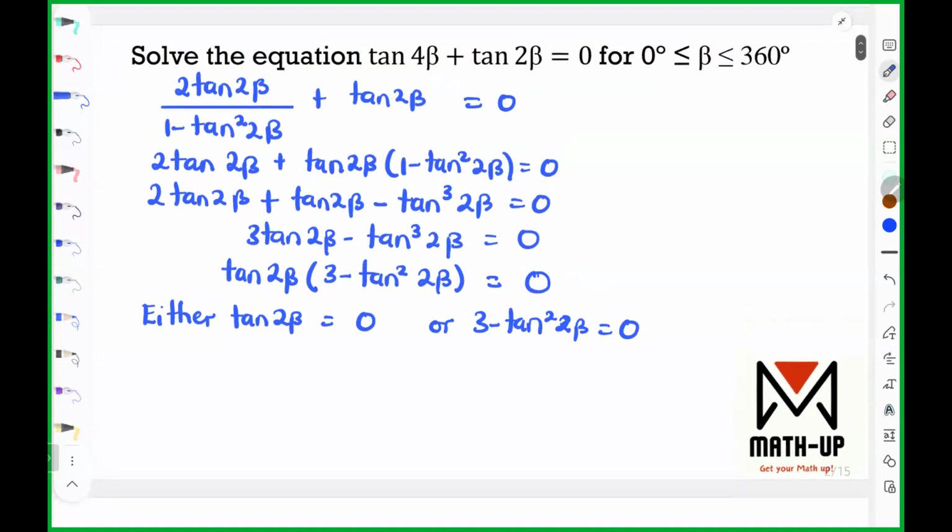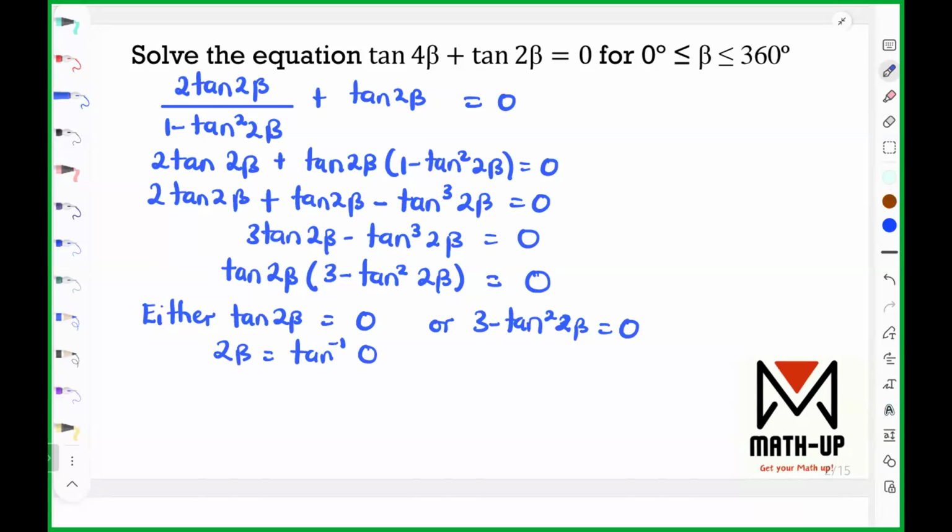So if I'm to look at tan 2 beta being equal to 0, I'll have 2 beta being equal to tan inverse of 0. So you can get your calc and try computing the tan inverse of 0.